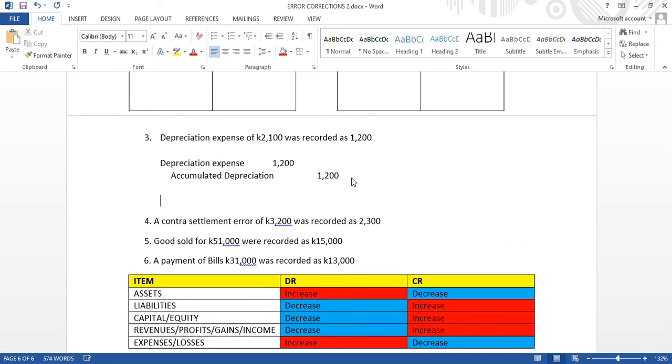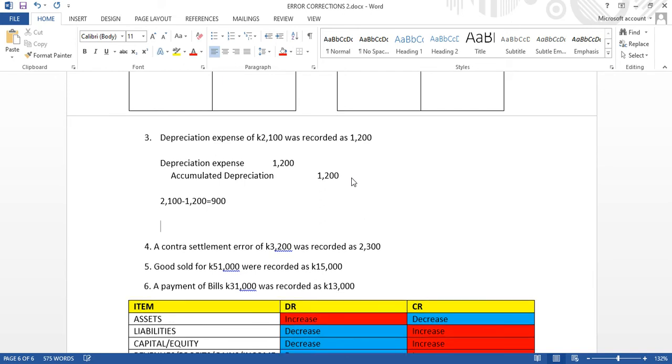We get the difference between the correct amount, 2,100, minus 1,200, which is $900. 900 is divisible by 9, so we are sure that this is an error of transposition.